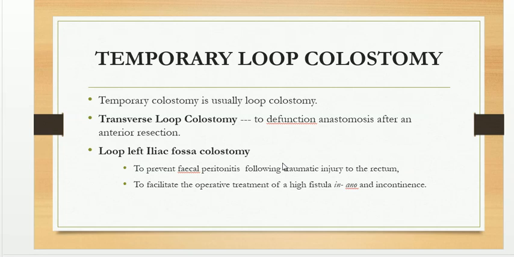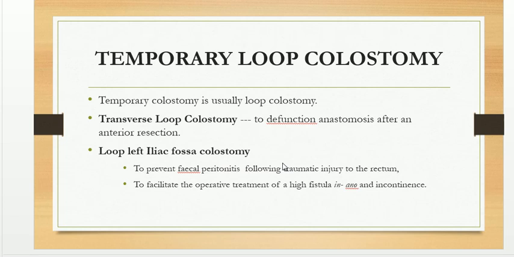Loop left iliac fossa colostomy. That was the previous one, the transverse colostomy, and another site where we can construct a loop colostomy is in the left iliac fossa, and this is sigmoid loop colostomy. The indications are to prevent fecal peritonitis following traumatic injury to the rectum, to facilitate the operative treatment of a high fistula in ano, and incontinence.